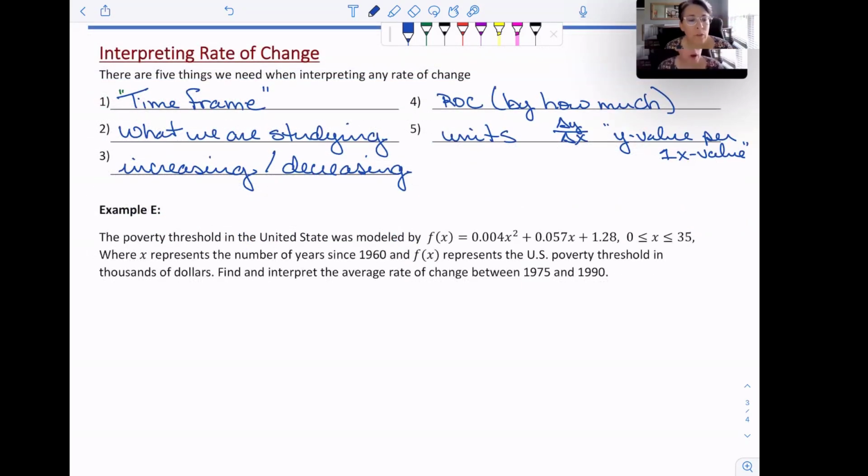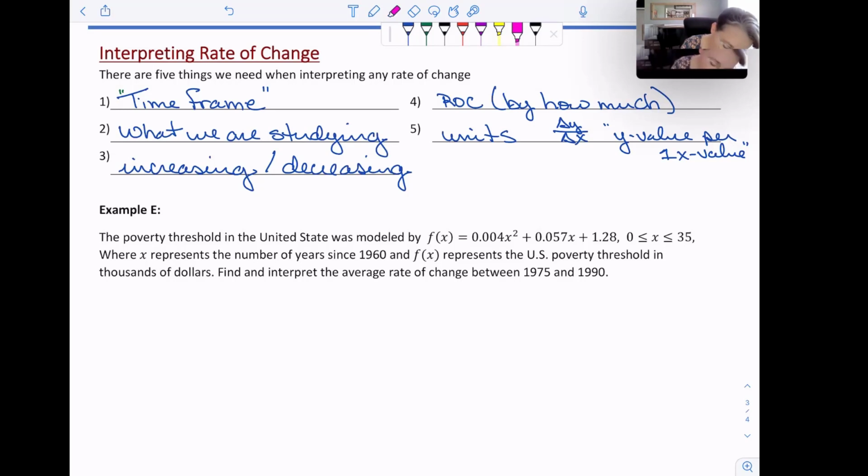Example E, it says the poverty threshold in the United States was modeled by f of x equals 0.004x squared plus 0.057x plus 1.28. And then the x, your input, is restricted between 0 and 35, where x represents the number of years since 1960, and f of x is the US poverty threshold in thousands of dollars.